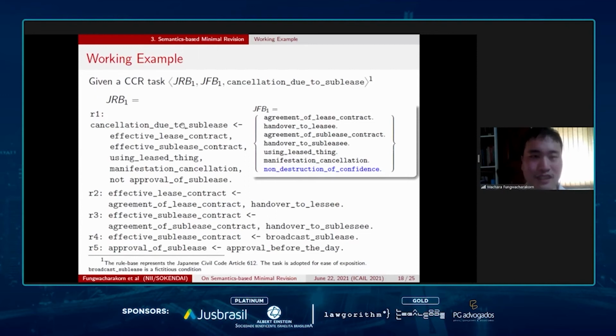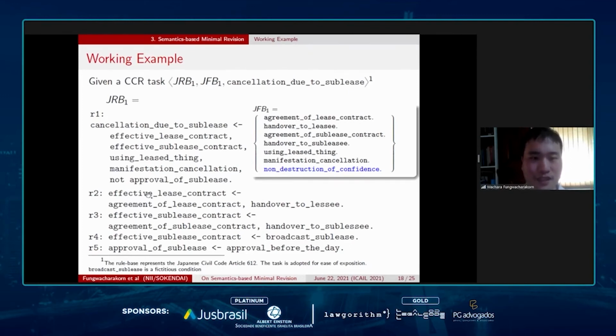To prove the cancellation due to sublease, we need to prove 4 requisites. The first one is the lease contract must be effective. The second one is the sublease contract must be effective, and the third one is the leasing use, and finally the cancellation is manifested. And there is one exception: if the sublease has been approved before cancellation, then the cancellation due to sublease shall not be valid.